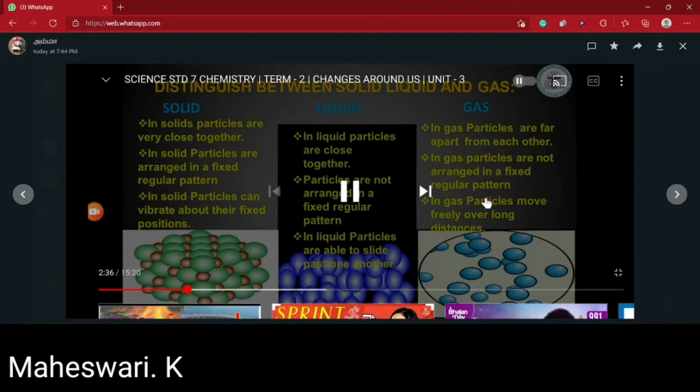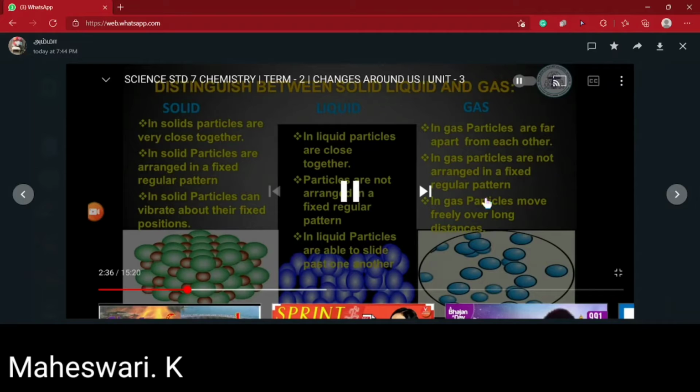In gas, particles are far apart from each other. Next, in solid, particles are arranged in a fixed regular pattern. In liquid, the particles are not arranged in a fixed regular pattern. In gas, particles are not arranged in a fixed regular pattern.